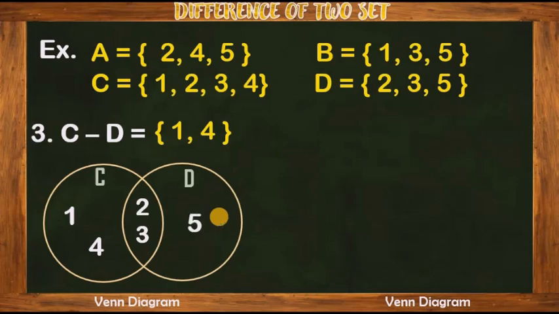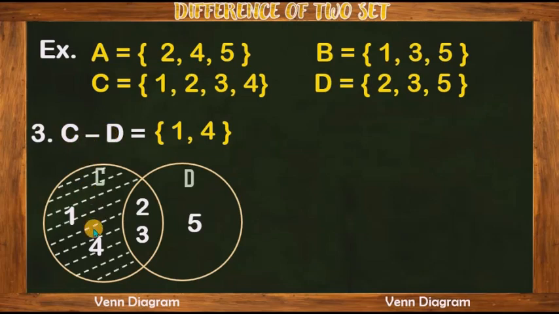What should be shaded if you have this C minus D? That is C only. So there you go. Why is this part not shaded? Because this is also part of set D. So pag difference, tatandaan kung ano yung unang set na given, siya lang. So C only.